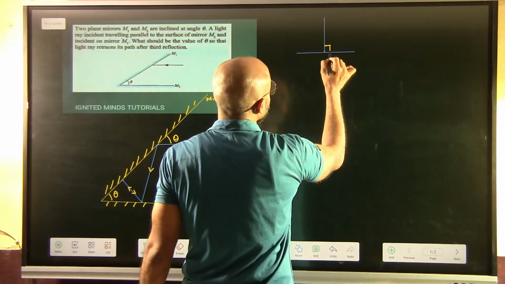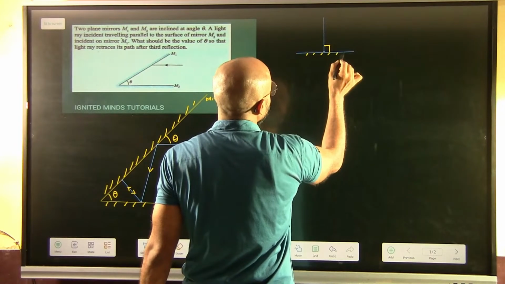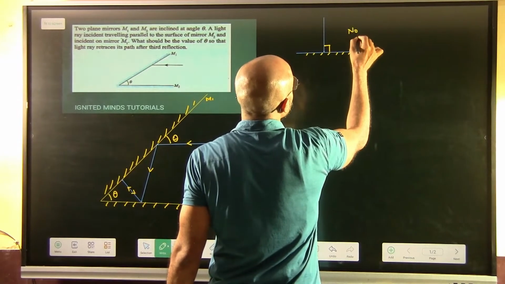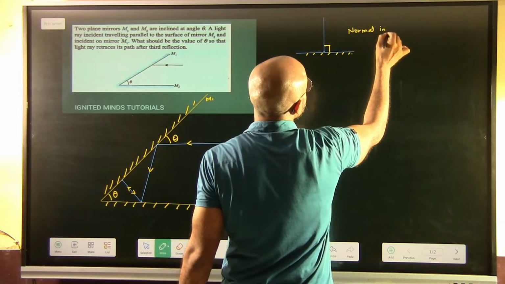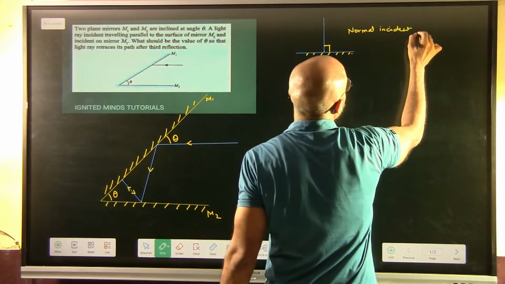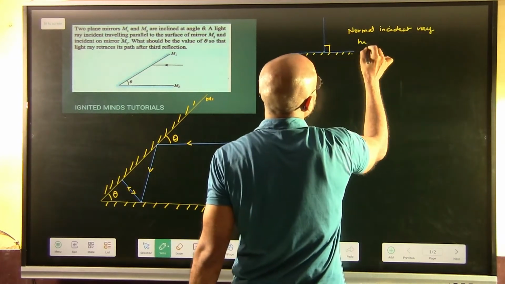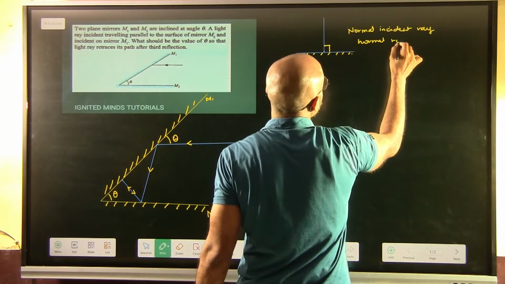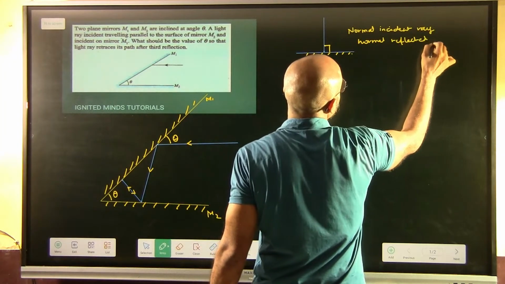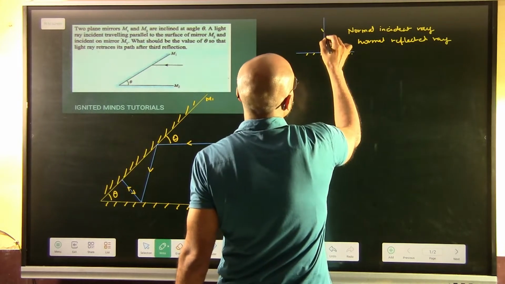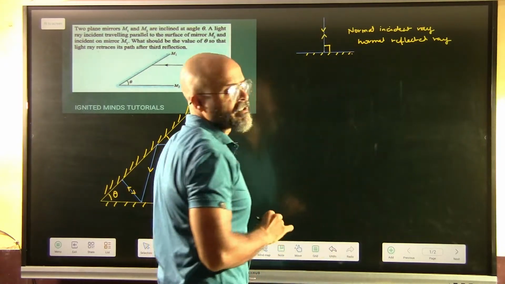A normal incident ray will have a normal reflected ray. So if this is the incident ray, obviously the reflected ray will be this.